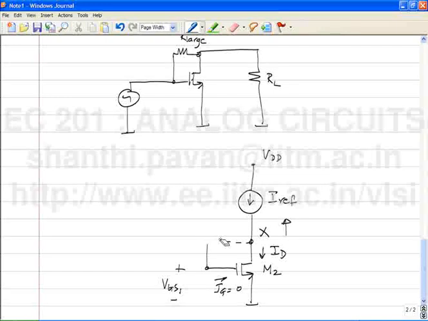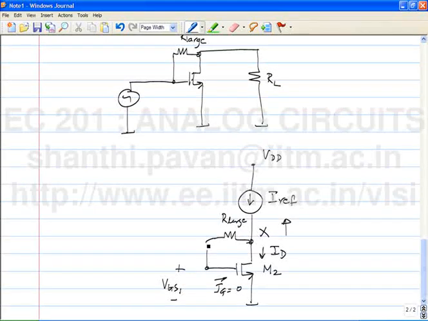Since the gate doesn't draw any current, it doesn't matter if I connect X directly to the gate or through a resistor. The gate doesn't care. So whether we had the circuit yesterday with no R large or with an R large, the bias conditions remain the same. Is everybody convinced now?